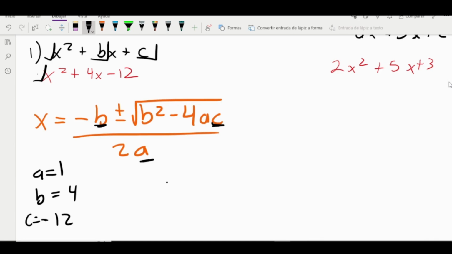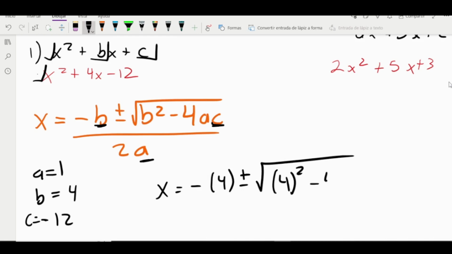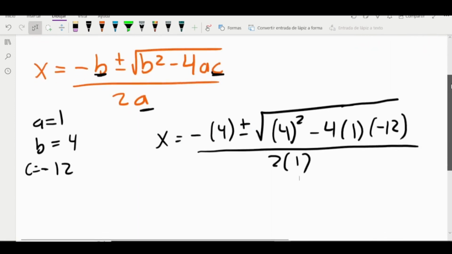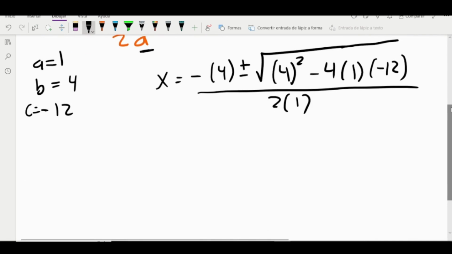We have x equals minus b, which is 4, plus minus the square root of b squared, which is 4 squared, minus 4 times a, which is 1, times c, which is minus 12, all divided by 2 times a, which is 1. If we continue with this, we can find the two values.